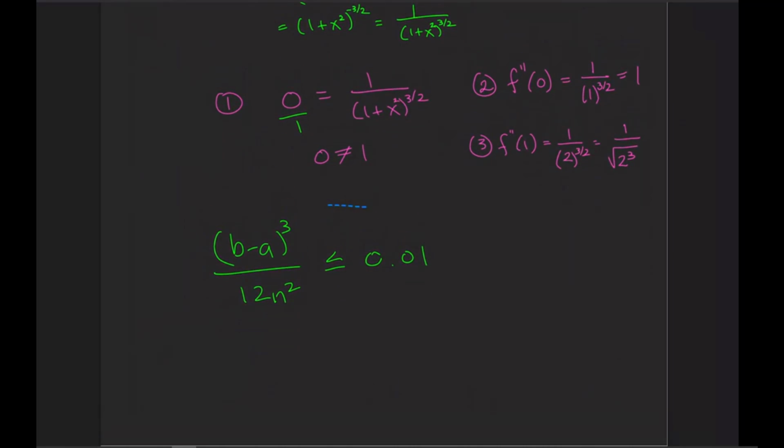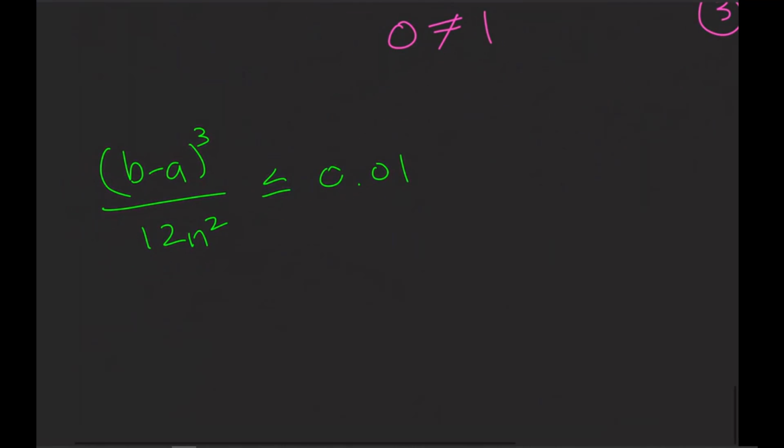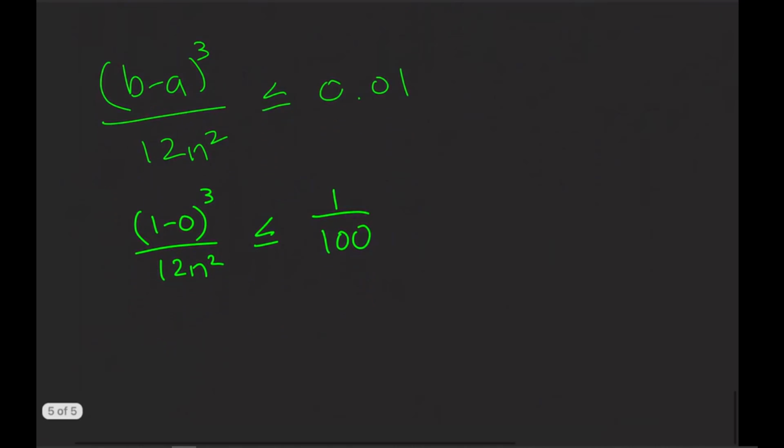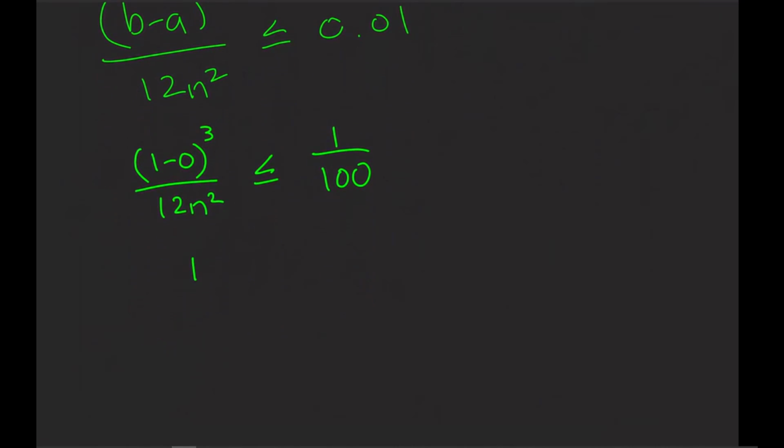And I know b and a. So I know b is 1 minus 0 cubed over 12n squared is less than or equal to 0.01, which is 1/100th. So here I have 1 cubed over 12n squared is less than or equal to 1/100.